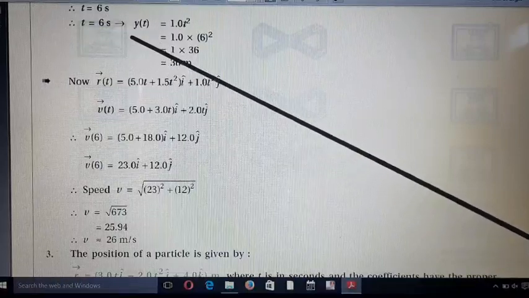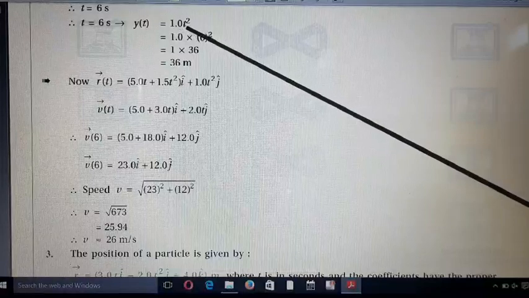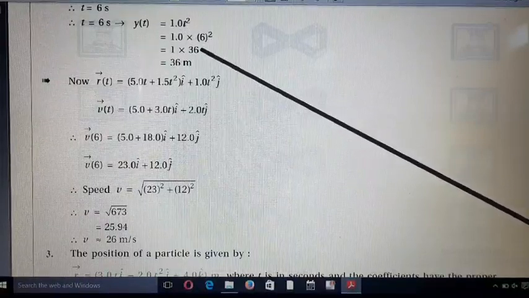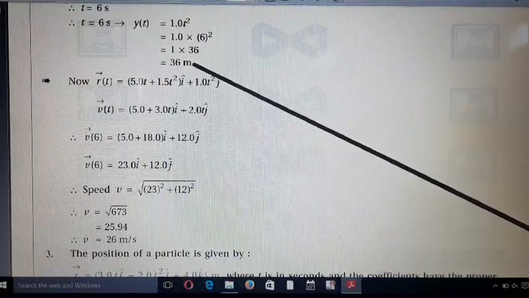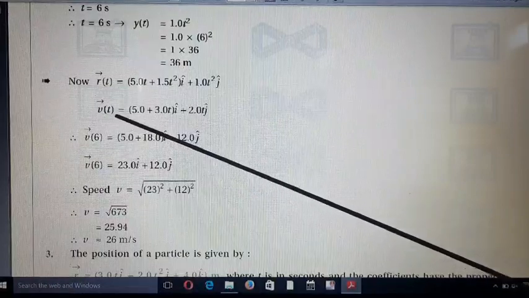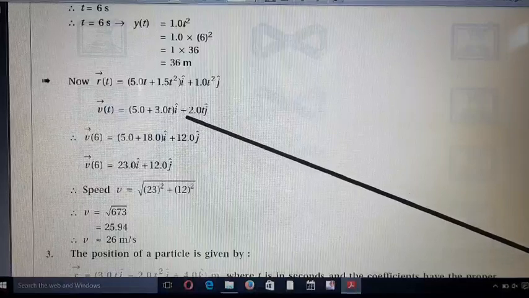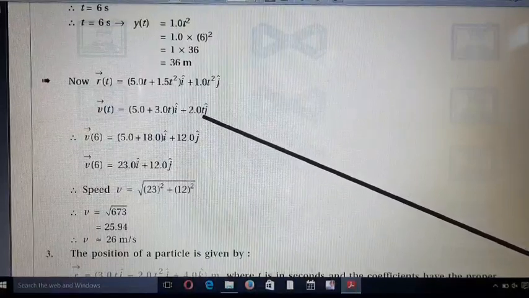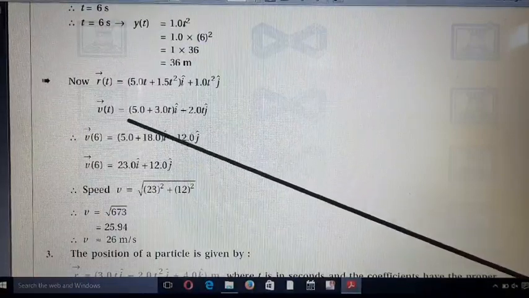This value is substituted in y(t). So y(t) is equal to 1t square, means 1 cross 6 square. 6 square is 36. 1 cross 36 means 36. Now we have the formula for velocity. v(t) is equal to (5 plus 3t) i caret plus 2t j caret. In this term, now we take time t is equal to 6 seconds.